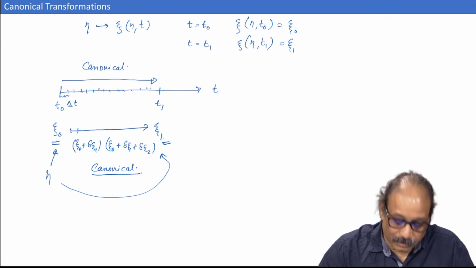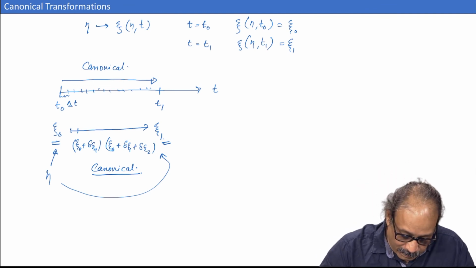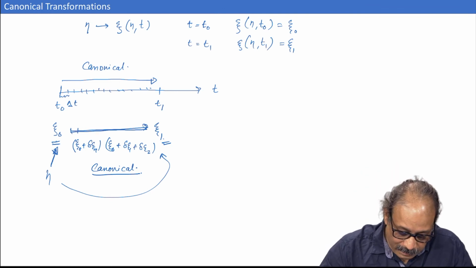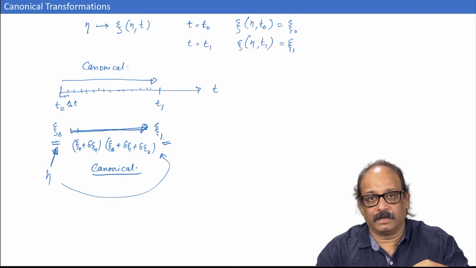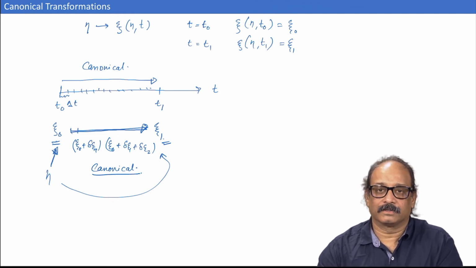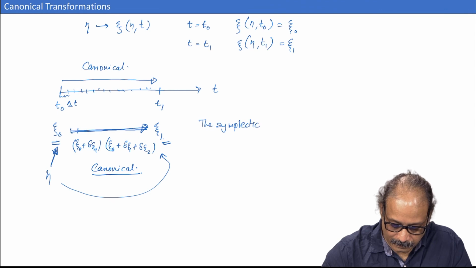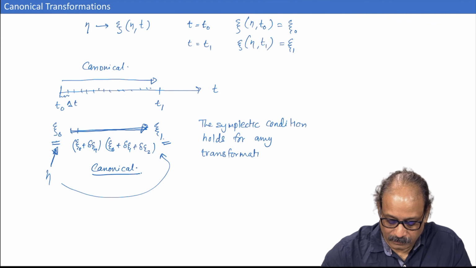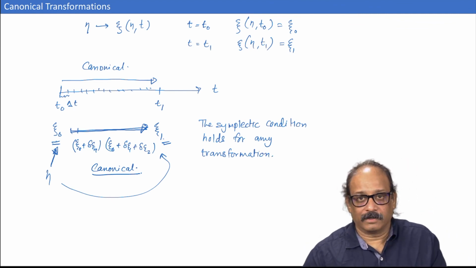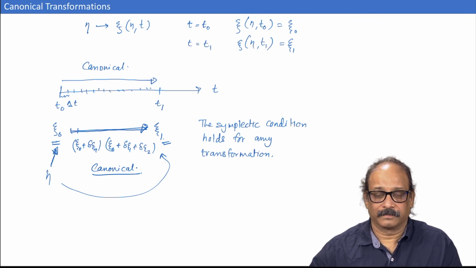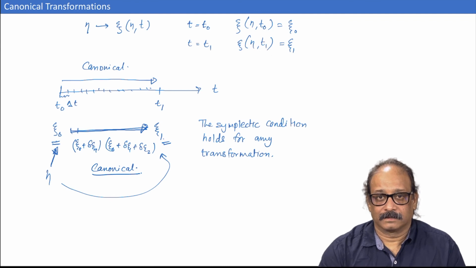So, eta to xi 1 is basically a product of going from eta to xi 0, which is canonical, and this one is canonical because the individual infinitesimal transformations in between are also canonical, and hence the symplectic condition holds for any transformation, which means any transformation would be canonical if and only if the Jacobian matrix is symplectic.